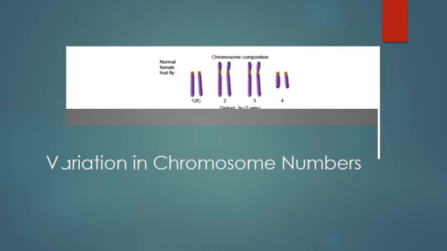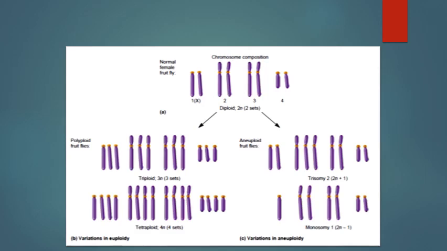This is the thing I want to show you. Geneticists use the letter N to represent a set of chromosomes. A diploid organism is referred to as 2N, a triploid organism is 3N, a tetraploid is 4N, and so on. A second way in which chromosome number can vary is aneuploidy. Such variation involves an alteration in the number of particular chromosomes, so the total number of chromosomes is not an exact multiple of a set.